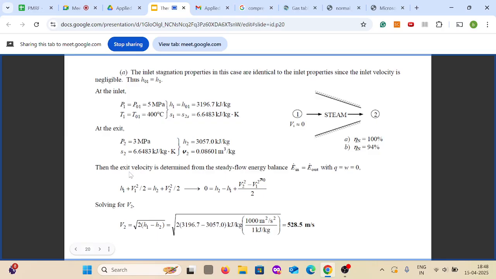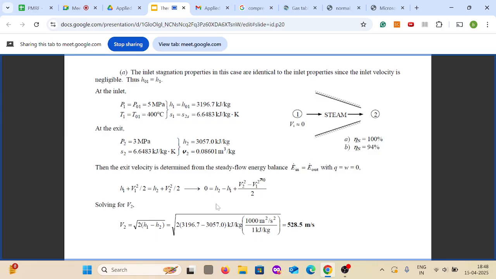Now doing an energy balance across the nozzle, we get inlet enthalpy plus kinetic energy at the inlet equals exit enthalpy plus kinetic energy at the exit. Neglecting the potential energies, and V1 is 0, we get H2 minus H1 plus V2 square by 2 equals 0.